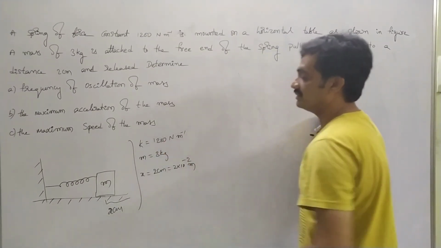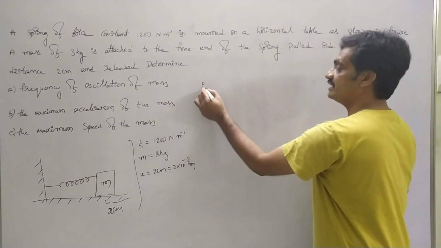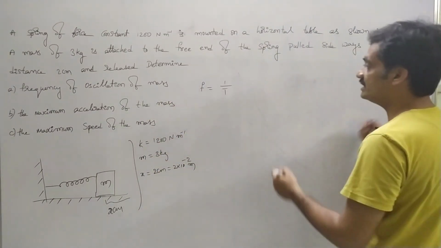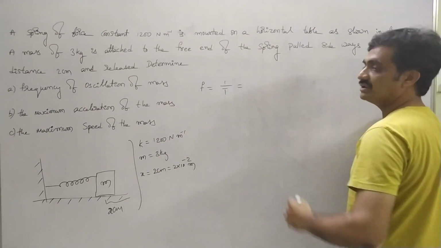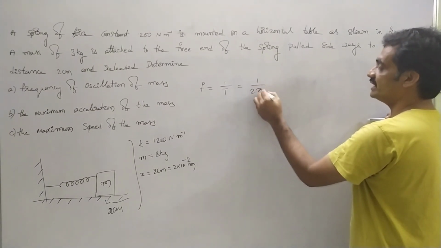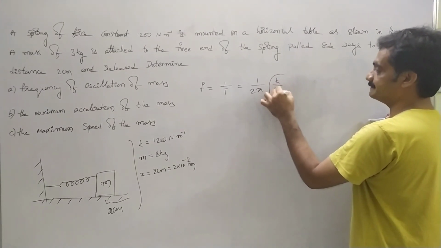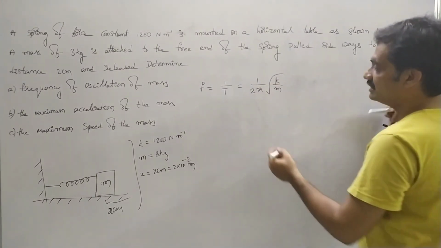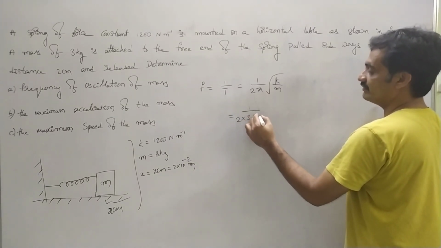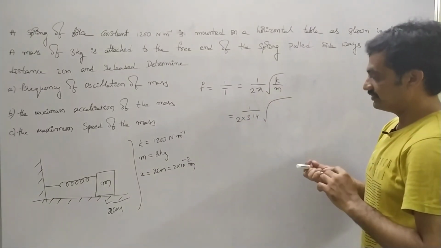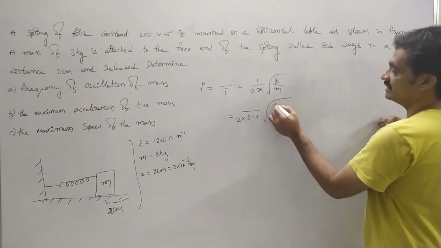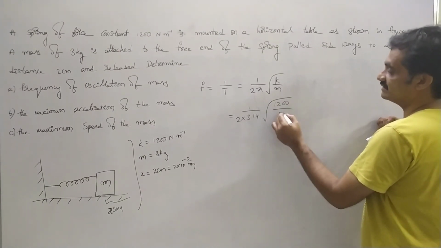So we have represented all the values, where we know that frequency f is equal to 1 by time period. In order to solve the first one, we know that T is equal to 2 pi into under root of m by k. As we substitute, we have 1 by 2 pi into under root of k by m. So as we substitute the values, we have 1 by 2 into 3.14 into under root of k is 1200 Newton per meter by mass is 3.